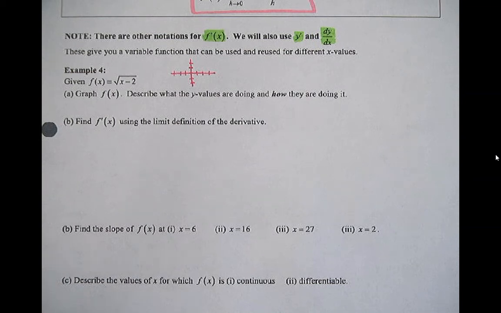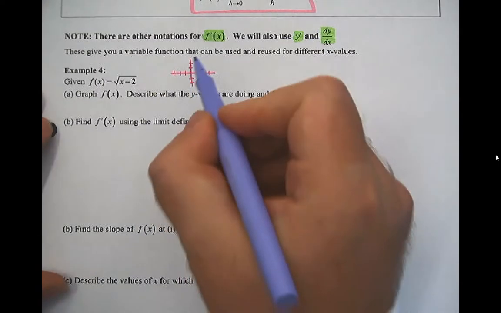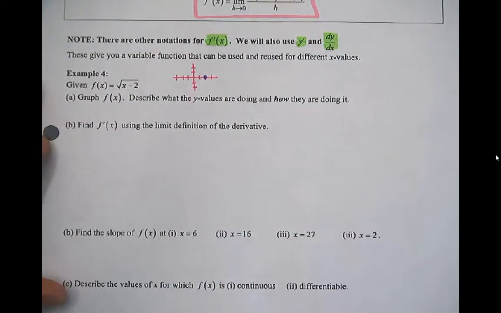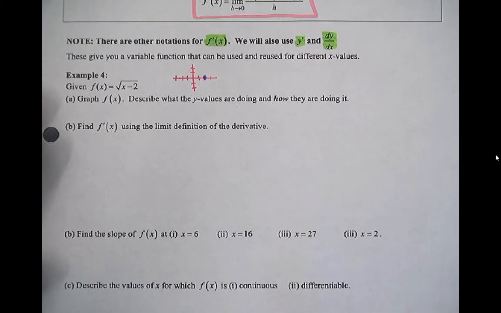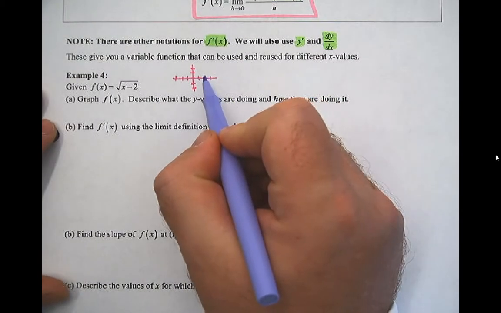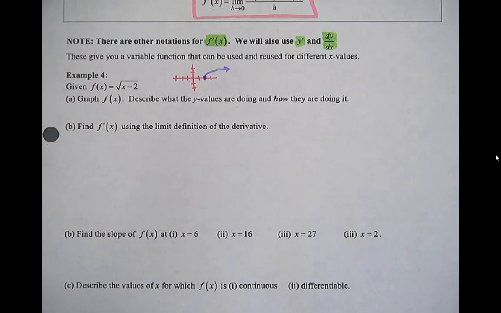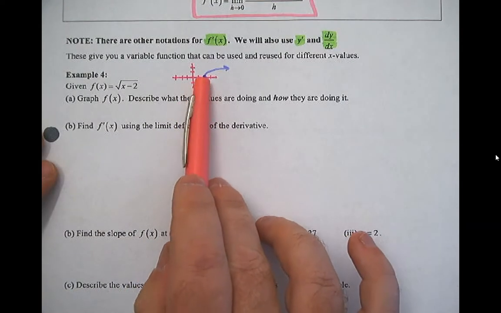All right, what family are we talking about? Square root family. Are there any shifts? Yes, one. We're shifting in the x direction. So here's my first value. You kind of go like a sideways parabola, something like that. Describe what the y values are doing and how they are doing it. Well, I would say that the y values are increasing, but over time, what would you say is happening to the increase of those y values?